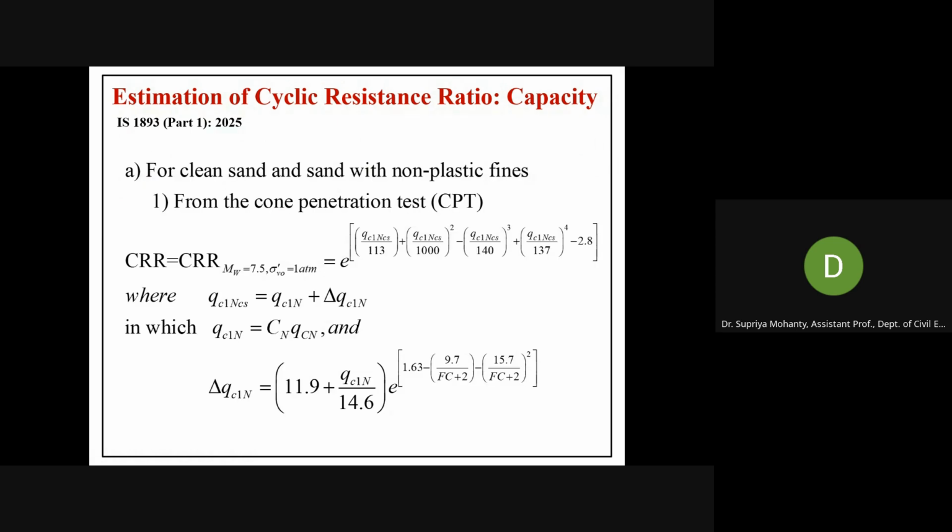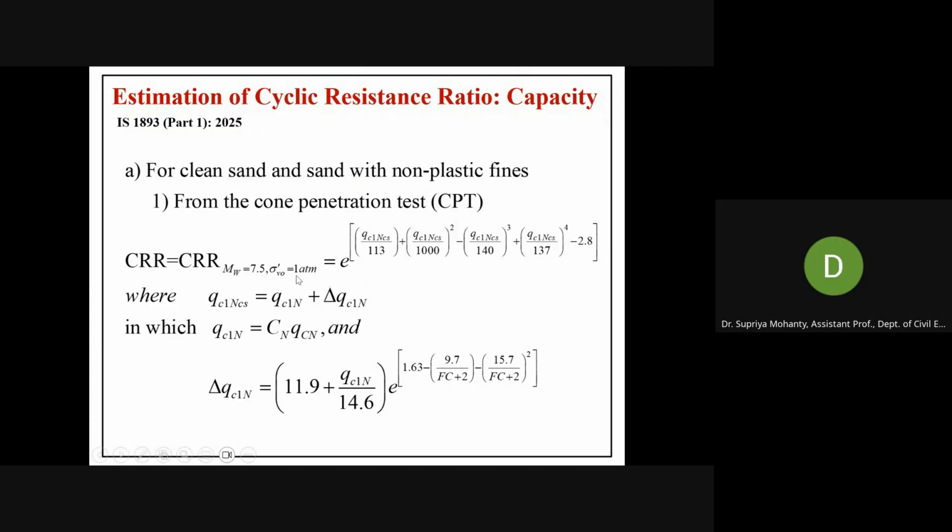Then, based on this CPT value, find the CRR 7.5. So from SPT, CPT, DMT and our vane shear test, we can calculate CRR 7.5, and anyway we need to multiply the magnitude scaling correction factor and K sigma to get the capacity, that is the cyclic resistance ratio, for a particular zone or particular site-specific condition.